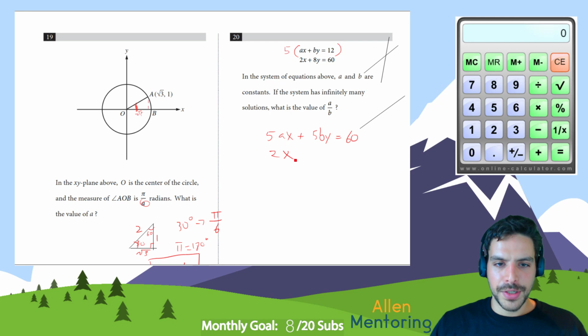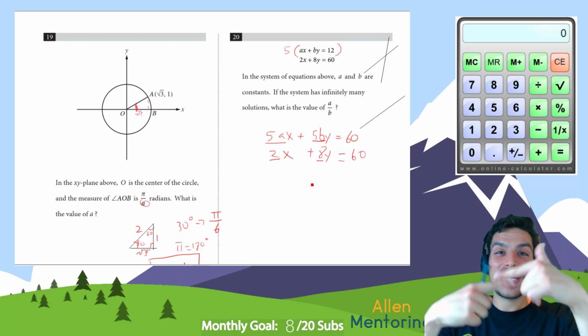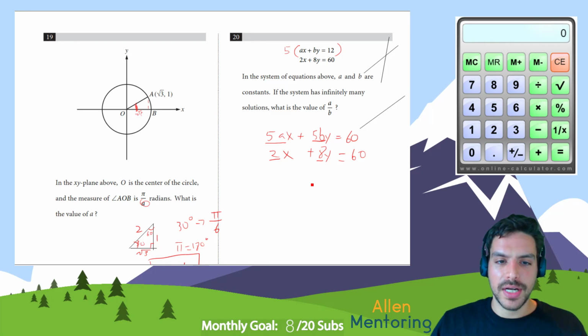And let's write the other one underneath. 2x plus 8y is equal to 60. And so if this is the case, we know that 5a must be equal to 2, and 5b must be equal to 8, right? They're the exact same equation. So it's no mystery that 5a is equal to 2, 5b is equal to 8.